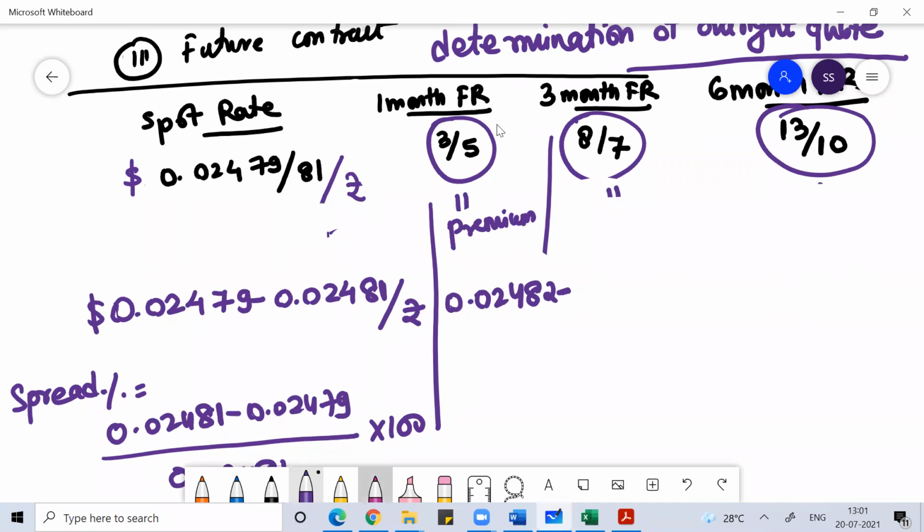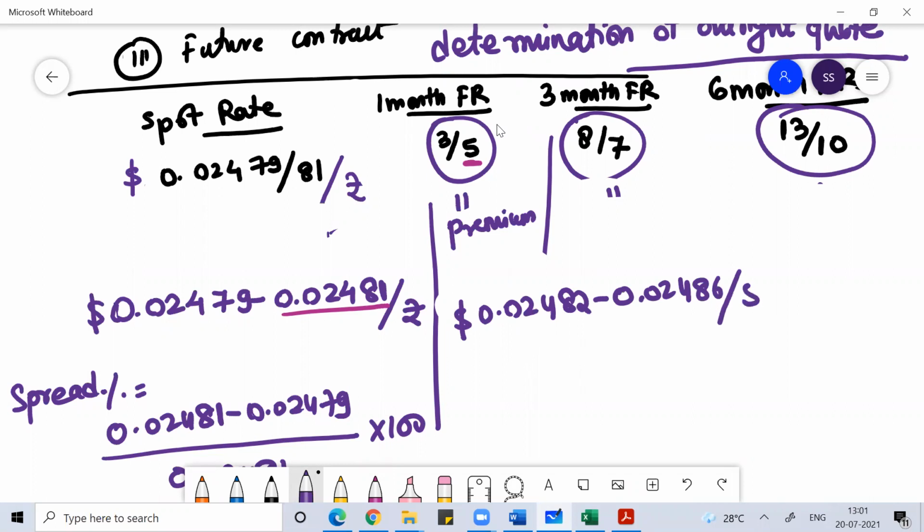Then here you can see the ask rate 0.02481 plus 5. It will become 86. So this is your dollar per rupee: 0.02482, then 0.02486 per rupee.